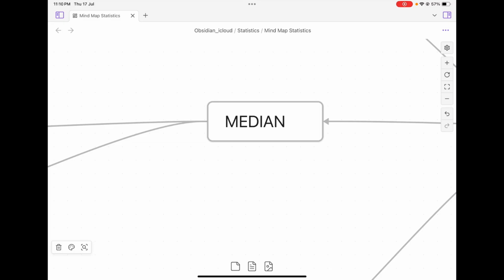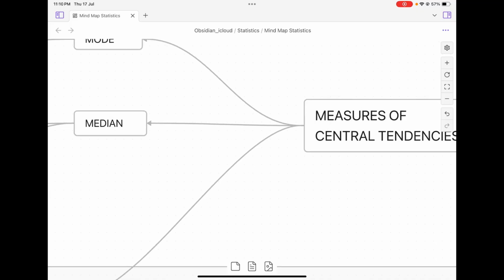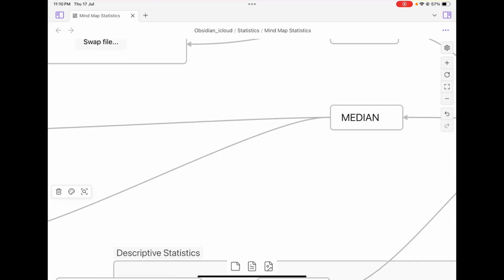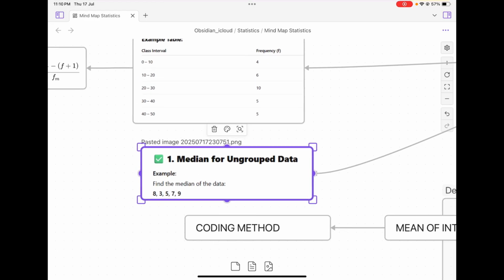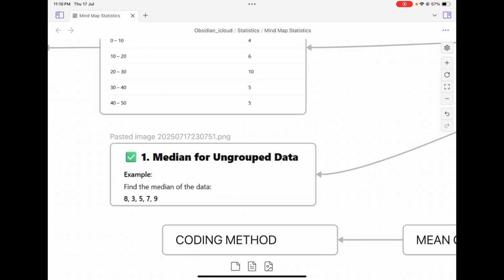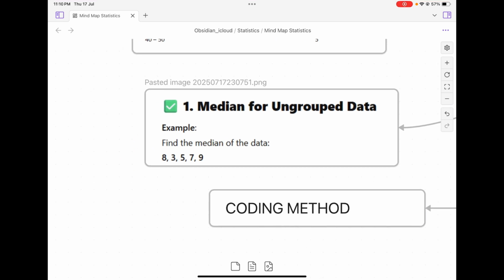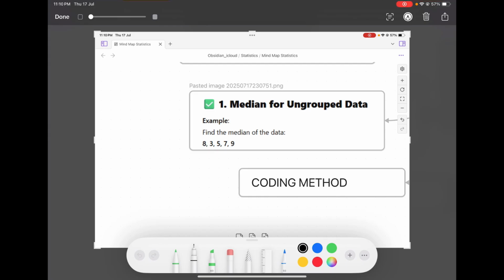Now let us see what the median of the data is. This is the second feature we are studying in measures of central tendency. Let us first take an ungrouped data, that is 8, 3, 5, 7, 9. Let us calculate the median for this one. First let us arrange it in ascending order.